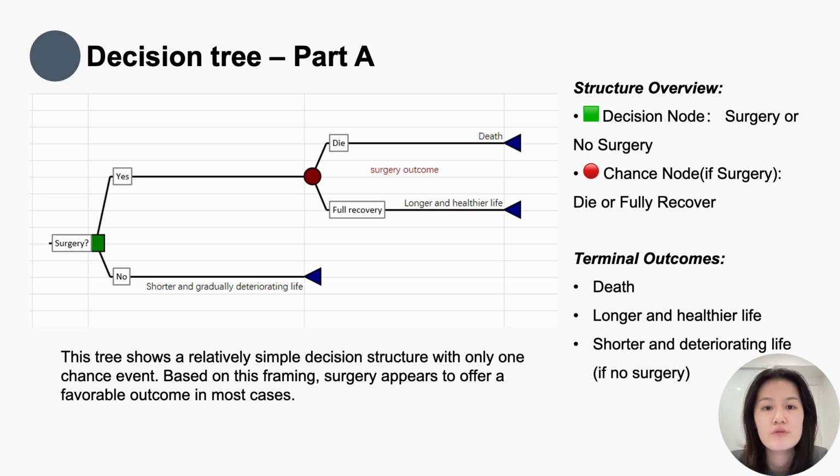If she chooses not to have surgery, the outcome is certain: a short life that gradually gets worse. The structure here is quite simple: one decision node, one chance node, and three possible outcomes. And because the risk of death is low, while the alternative is guaranteed decline, I think this framing makes surgery look like the better option.